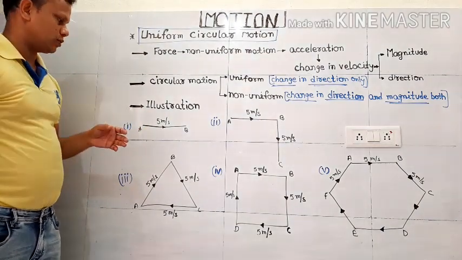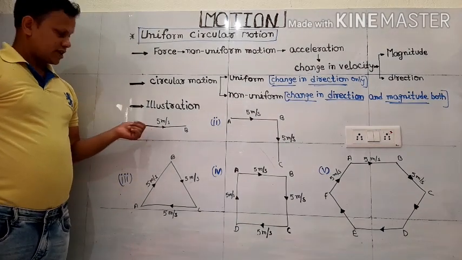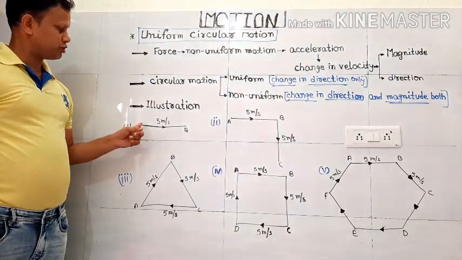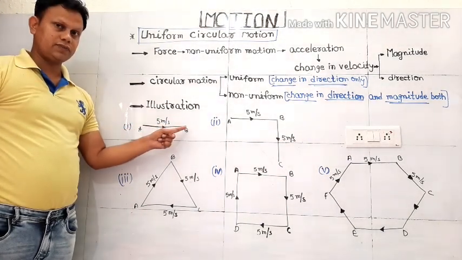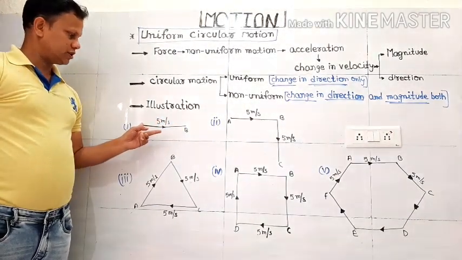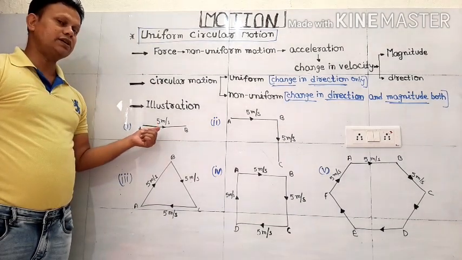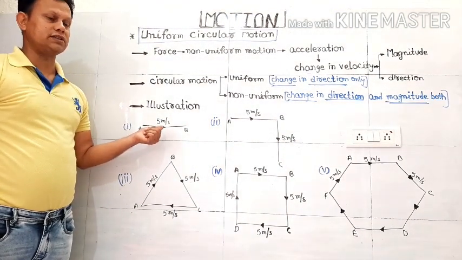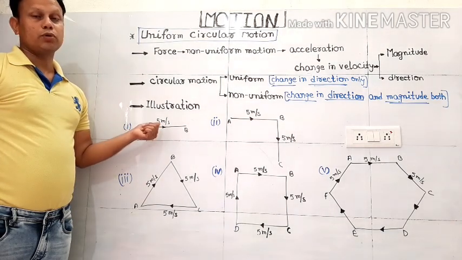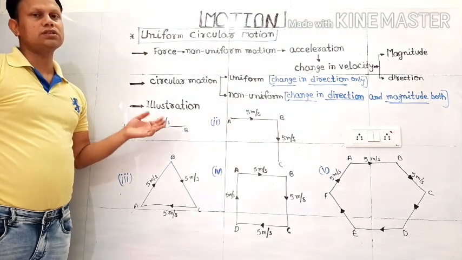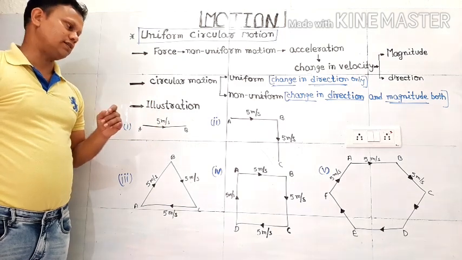Okay, so now suppose in situation 1, an object is moving from A to B with a constant speed 5 meters per second. So in this path, neither the direction is changing nor the magnitude of velocity. So that means body is doing uniform motion because neither direction is changing nor the magnitude of velocity.